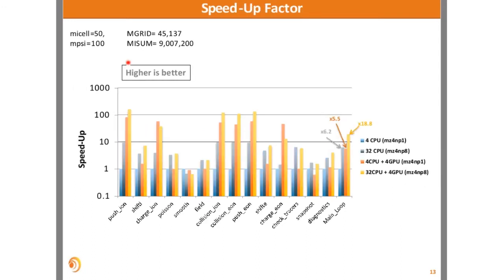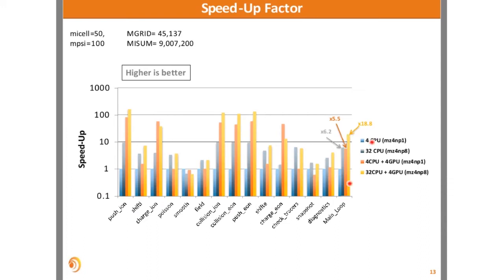For the speedup factor, we can get a 100 times speedup in the comparison of this yellow and blue. We have almost 100 times speedup for most of the particle routines. And for the whole speedup, we get almost 20 times speedup between this blue and yellow.